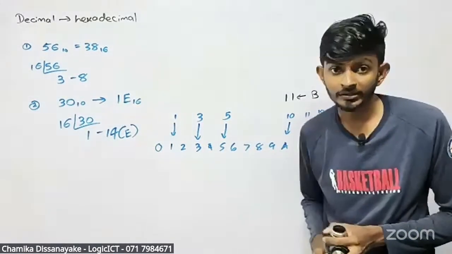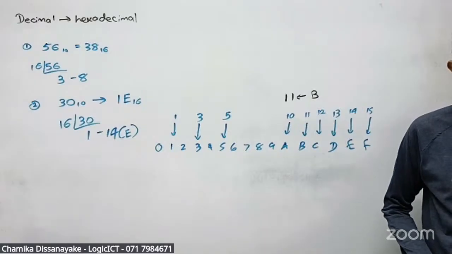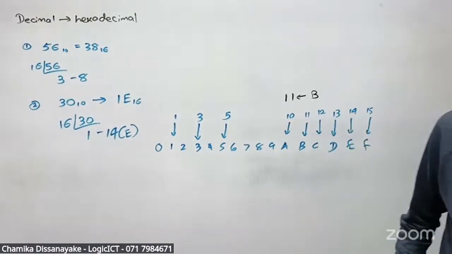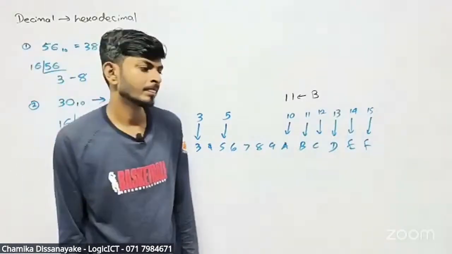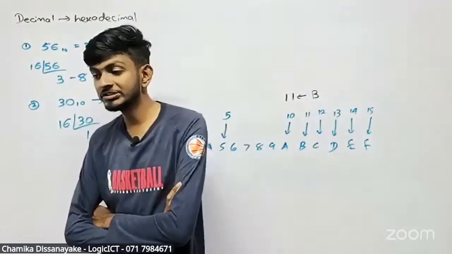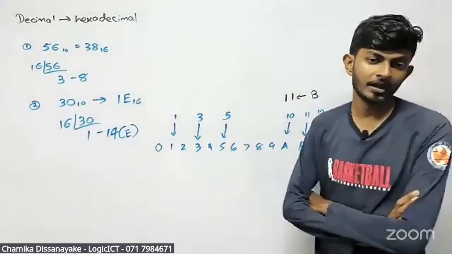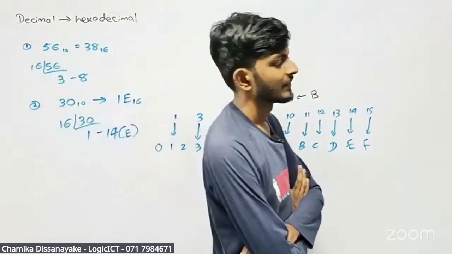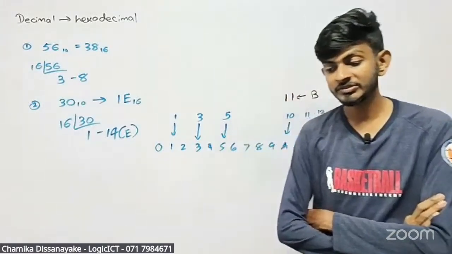First point, divide the decimal number by 16 and put the remainders for each division.